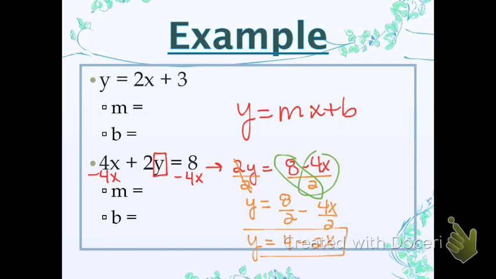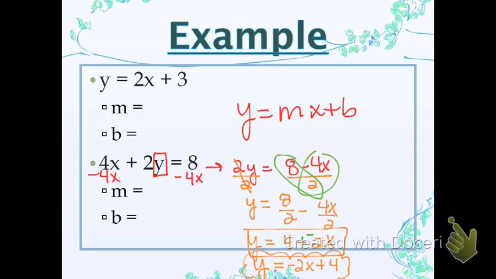So here's my equation. It's probably a little bit easier to rearrange it so that it has the m part first, y equals mx plus b. We've done this before. Remember thinking of the subtraction as a plus negative, and then it's a little easier to see that this would be negative 2x plus 4 using the commutative property of addition. So now it's a little easier to see because now it's in the correct form.